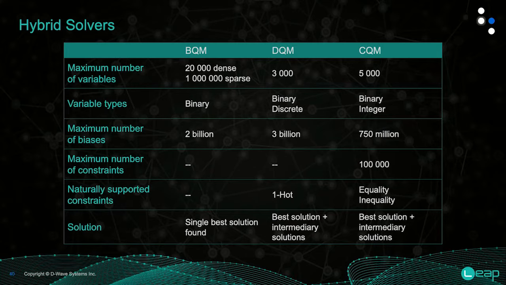Now, I'm not going to go through this table in detail, but I wanted to point out that the BQM, DQM, and CQM solvers all have different properties, and they're all useful in different cases. The CQM, like we've said, is the best choice for any constrained models that you're working with. The binary quadratic model solver is still a really good choice for naturally binary quadratic models.